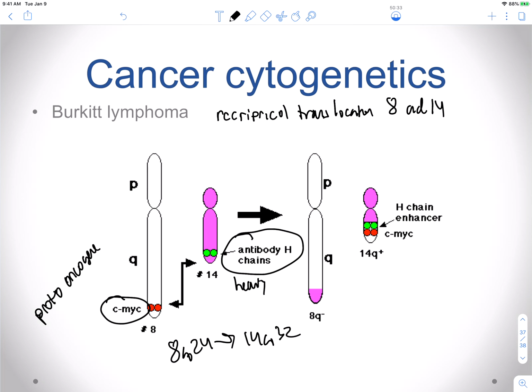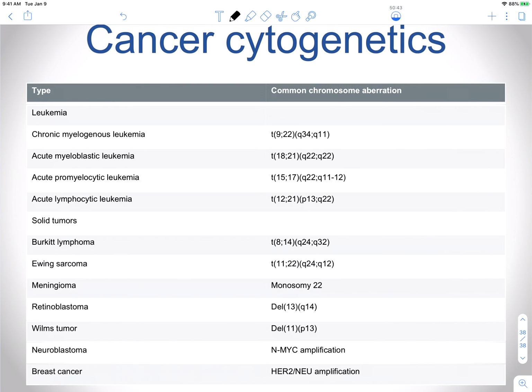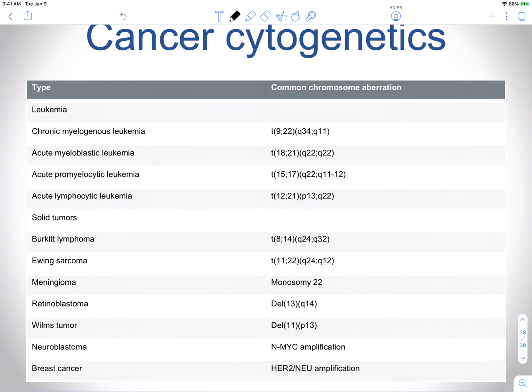And so by moving the proto-oncogene next to that heavy chain, you now have an increase in c-MYC and an increase in cancer. So many cancers have been related to these types of translocations where proto-oncogenes are moved behind a gene that is highly expressed in the tissue that is the target of the cancer. And this is just to show you all the different tumors that have been associated with cancers.